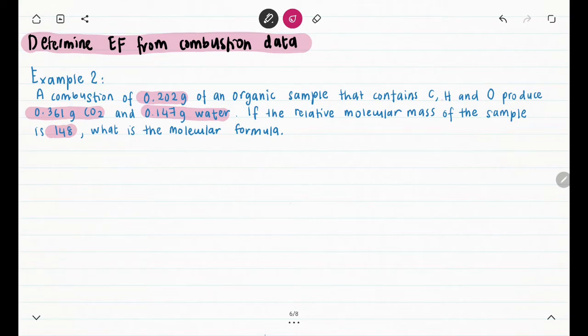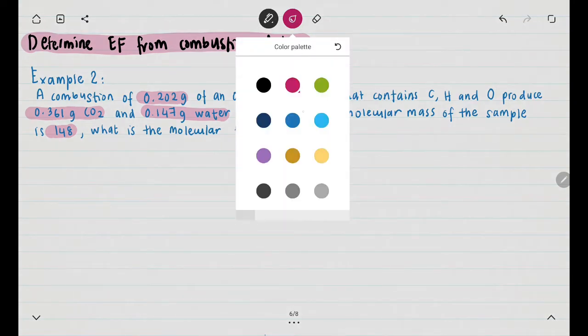And for hydrogen, all the hydrogen inside our organic sample will turn to water. So all carbon and hydrogen is turned to carbon dioxide and water. To calculate the mass of carbon, we need to use the mass of carbon dioxide that we have obtained. So how to calculate the mass of carbon from carbon dioxide? We will use the formula.